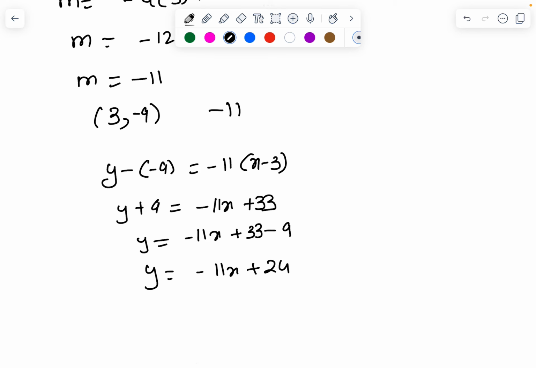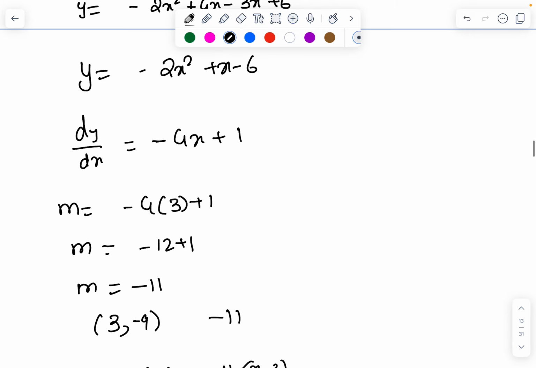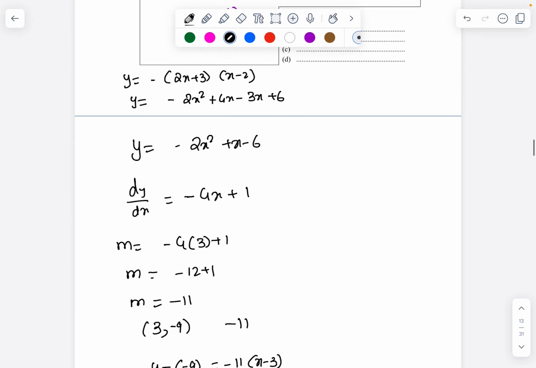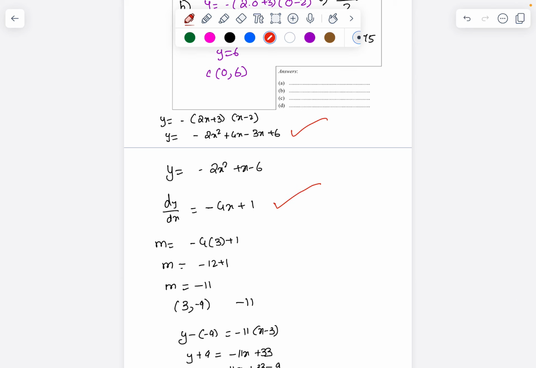So see carefully, how do I get the equation of a tangent? First of all, expand, then find dy by dx. Then dy by dx gives you the slope.